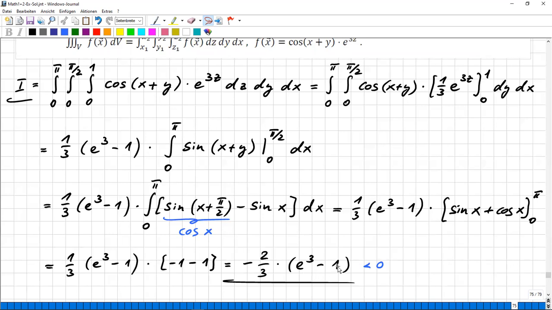Some people might say, okay, this is not the nicest form. I can take this minus sign away, put it inside the parentheses, and then write 2/3 times 1 minus e to the power 3. This is actually not a good idea, I think, because in this way, at first sight, it appears to be positive.